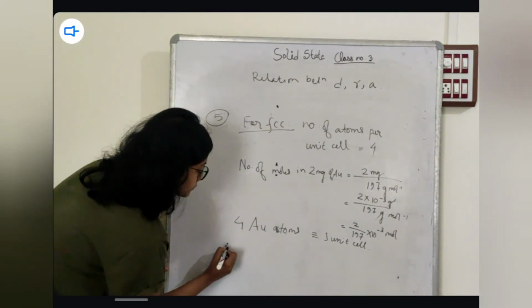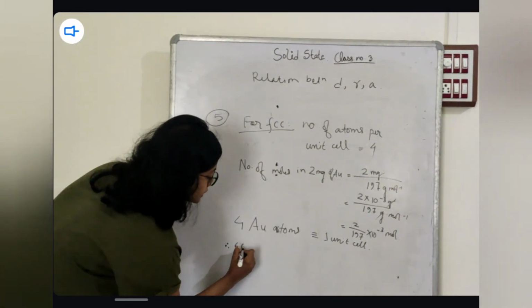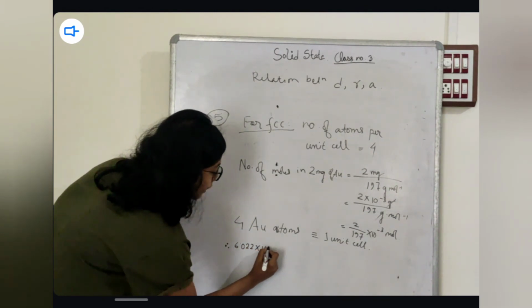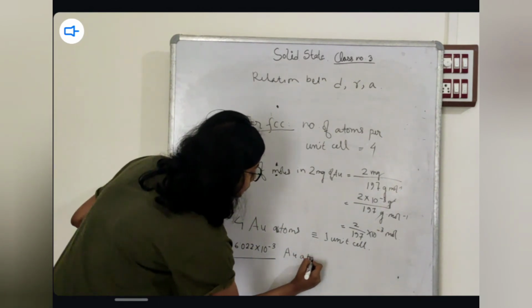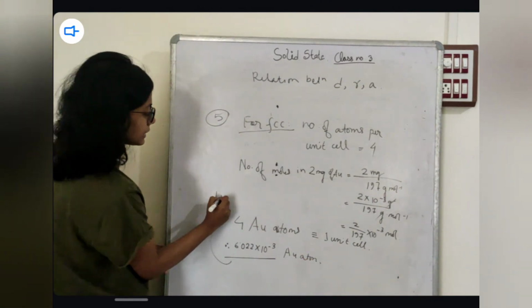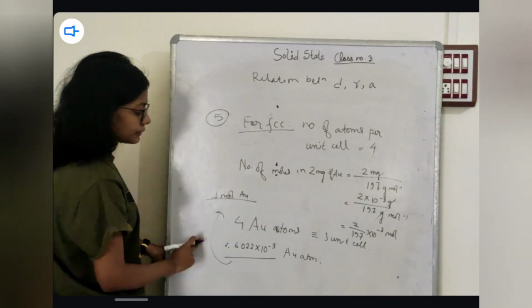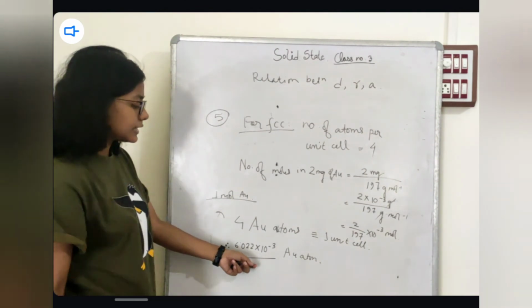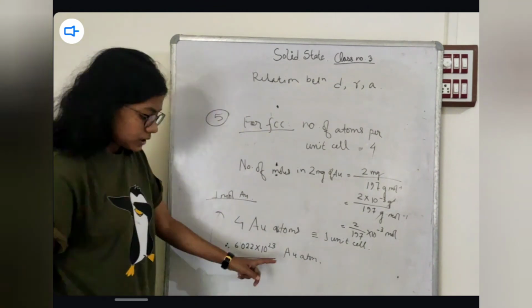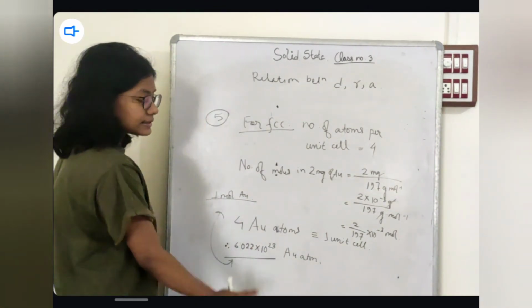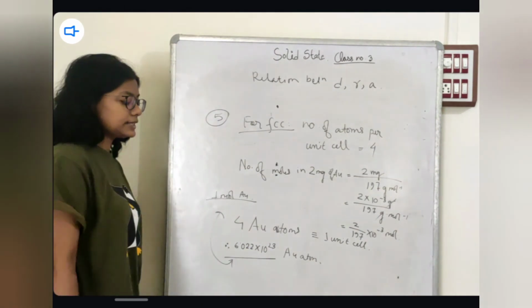Therefore, 1 mole of gold contains 6.022 into 10 to the power 23 gold atoms. This is Avogadro's number. So 1 mole gold atom contains 6.022 into 10 to the power 23 gold atoms.